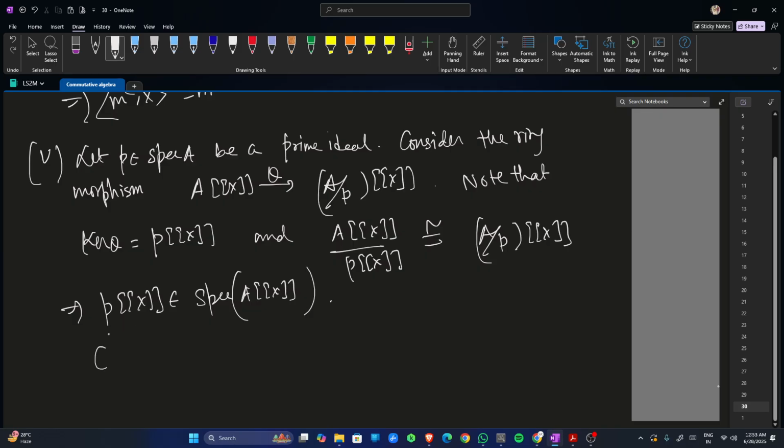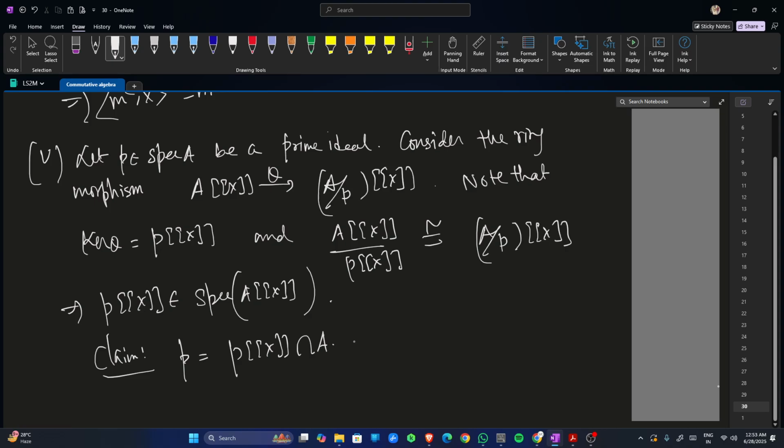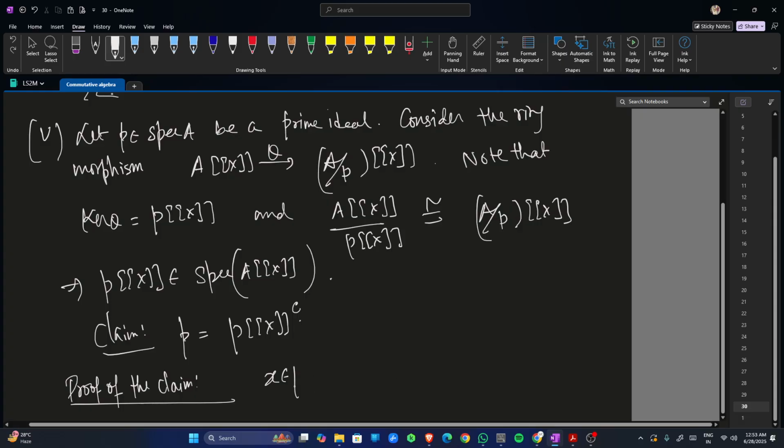So we have found a prime ideal relating to a prime ideal of A. So claim: P equals P[[X]] intersection A. One side is obvious, P is in it. Okay, proof of the claim. Now take an x from the reverse one.